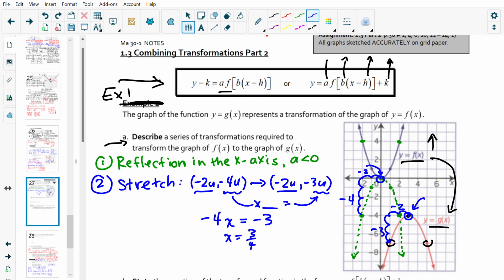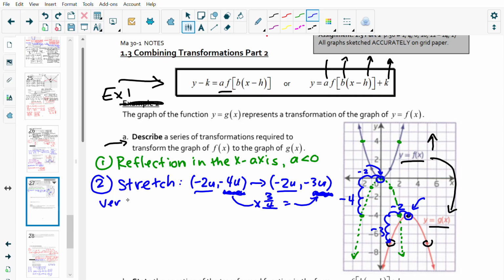Okay, we know that. So I'm going to erase this back up, and I'm going to fill it in. So it's 3/4. So I multiply the -4 units by 3/4, and that will give me -3 units. Okay, so what does that 3/4 tell you?